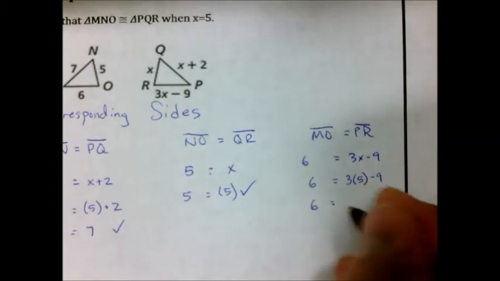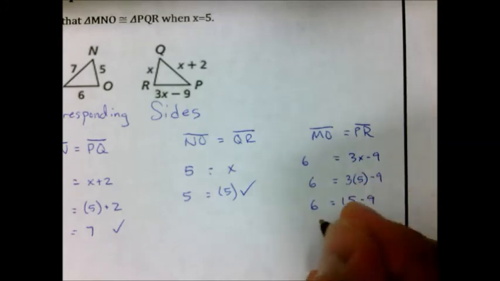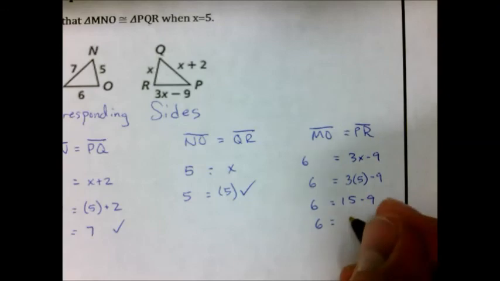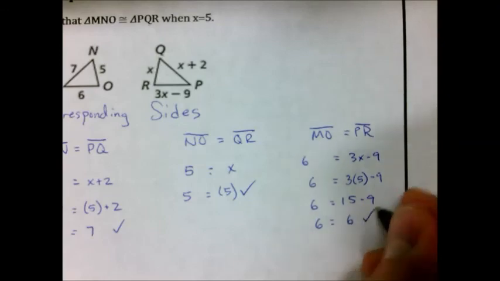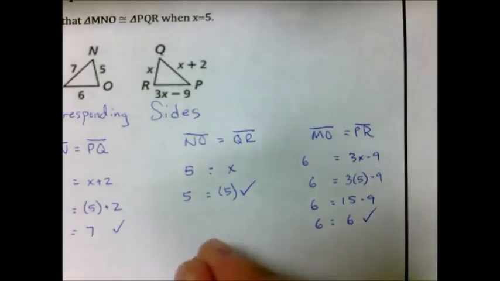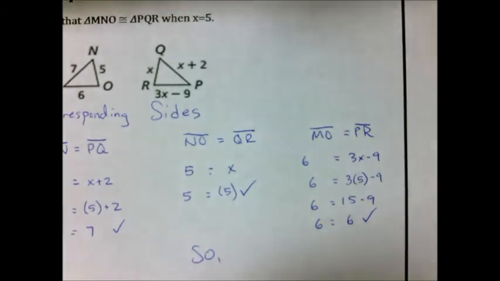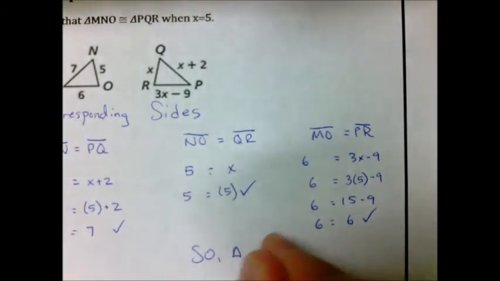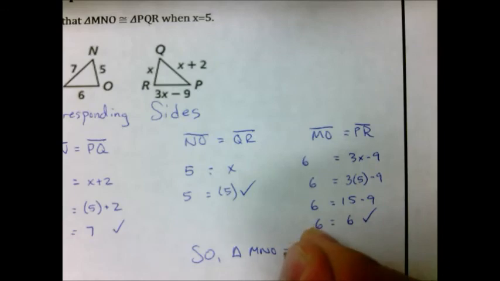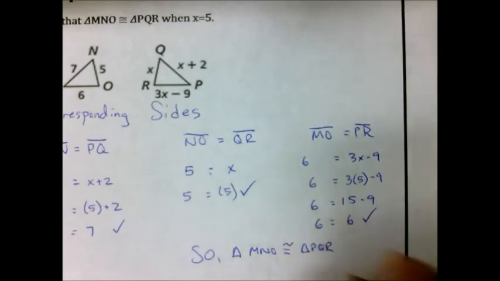And 3 times 5 is 15. And 15 minus 9 is, in fact, 6. Okay, so at the end of all of this, we can say that triangle MNO is congruent to triangle PQR, and that's by side-side-side congruency, because all 3 of those sides were actually congruent. All right, that's it.